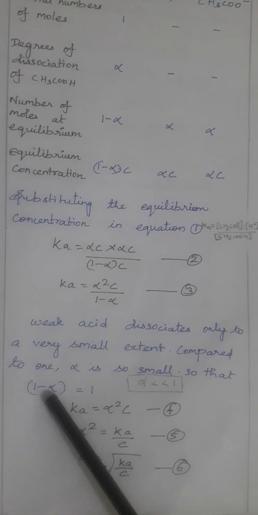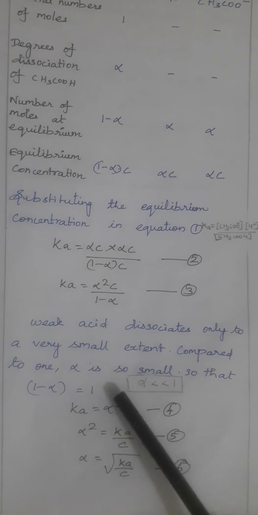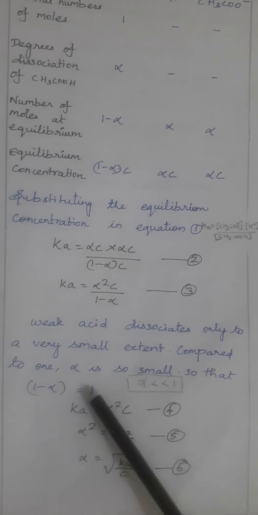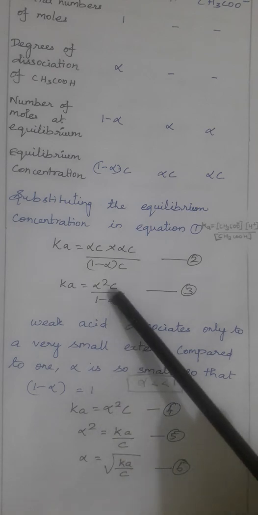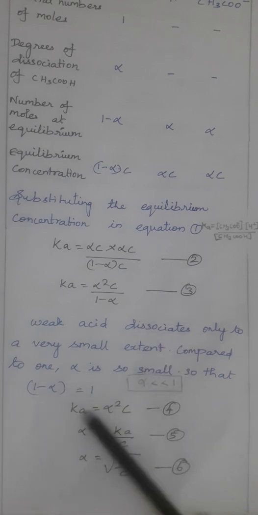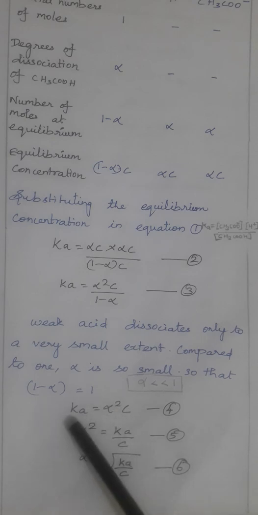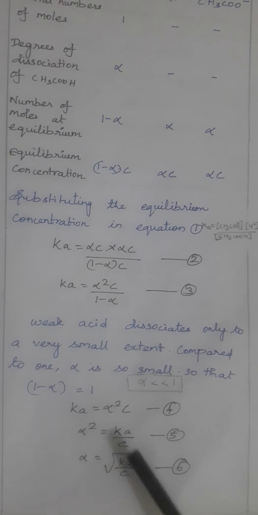Then 1 minus 0.001 is 0.999, which is almost equal to 1. So 1 minus alpha is equal to 1. Applying this, the equation becomes K equal to alpha squared C. Then C comes to the other side as denominator: alpha squared is equal to K by C. Alpha equal to root of K by C.